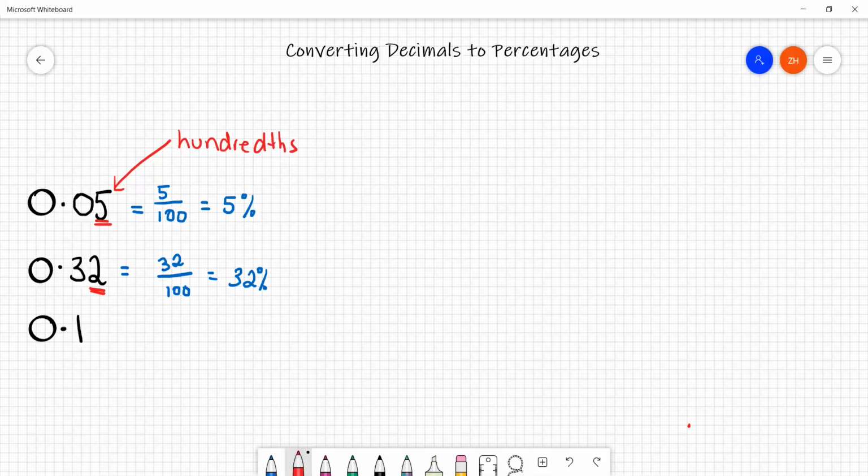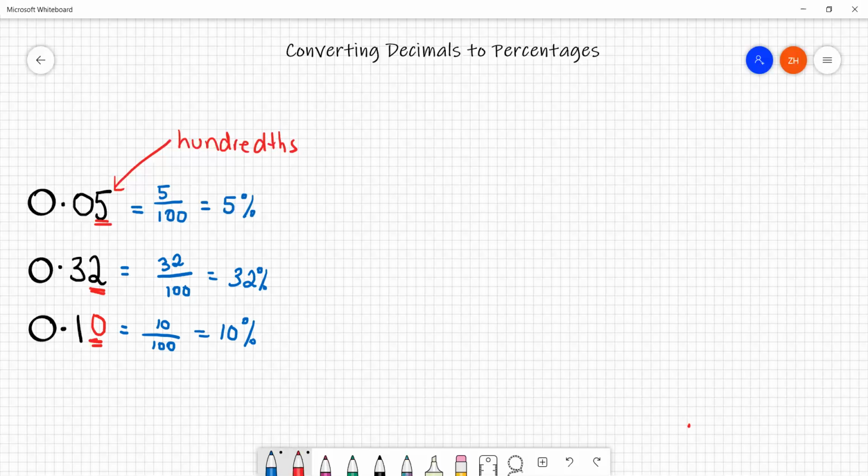With this next one, we've got a 1 in the tenths position, and we've got nothing in the units position. Another way of writing nothing is putting a 0. So we'll put a 0 there to signify that there's no hundredths, but we do have 1/10, or we could write that as 10 hundredths in total. So that's going to leave us with 10%.